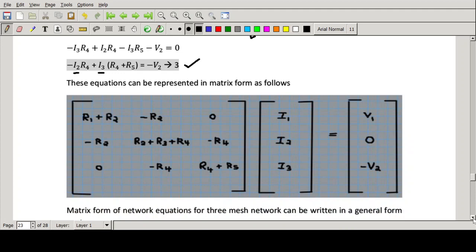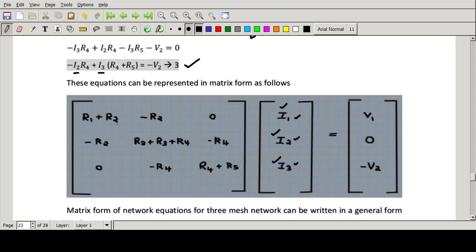Which are the three currents we are using here? Because there are three meshes, we have taken three currents I1, I2 and I3. And for each mesh we have to write the resistance terms. Let's see the first equation, corresponding to mesh 1. We will see which terms come for I1, I2, I3.